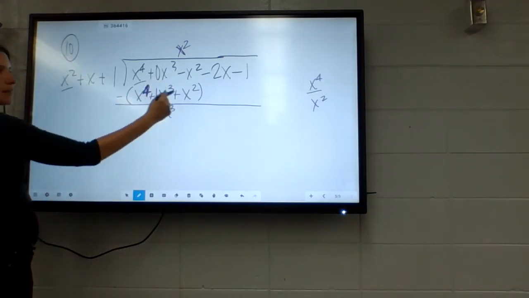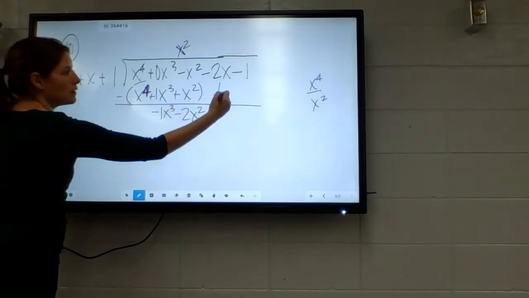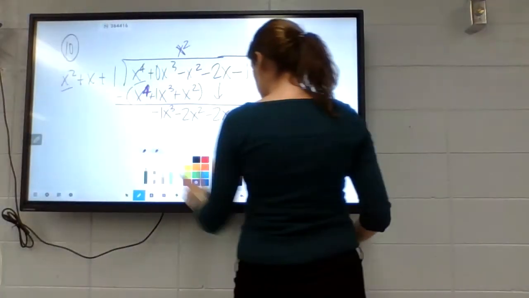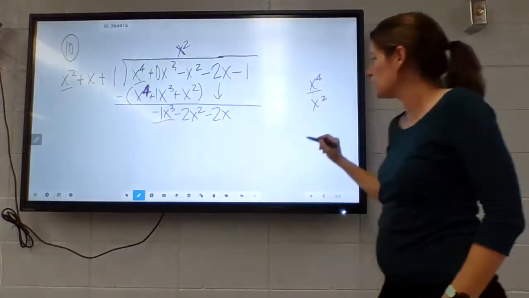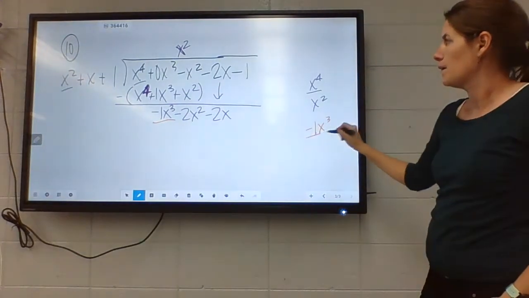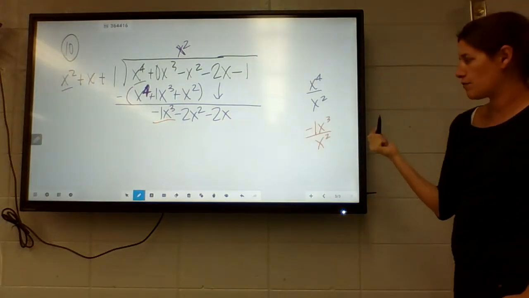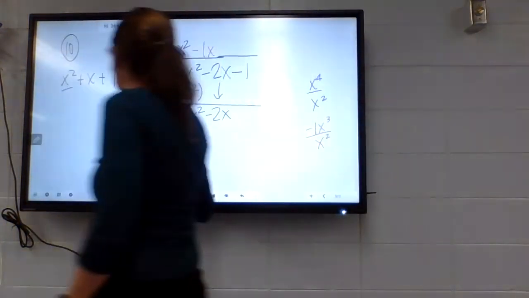Negative 1 minus 1 is going to be a negative 2x squared. Now I'm going to divide this next one. So 3 minus 2 is going to be x to the first. So this is a negative 1 x to the first, or just x.